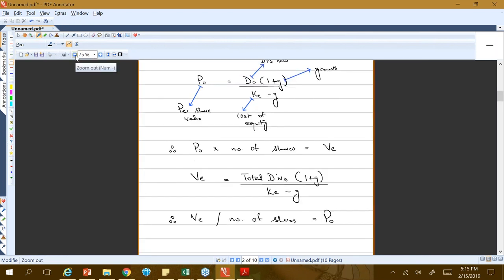So please be flexible in calculating things using both these ways, because we will be asked to either calculate a per share value, or we will be asked to calculate the value of the equity.